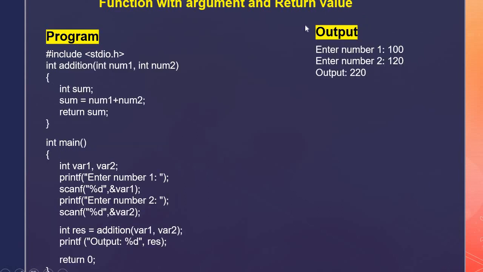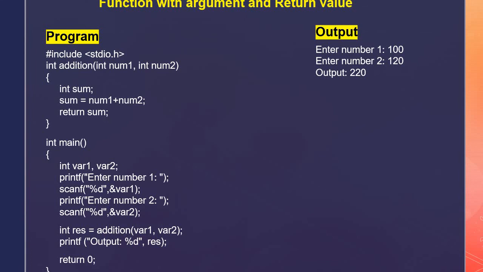The final one, function with argument and return value. In the program, I have defined the function addition with return type integer, int num1, num2. That is, this program will accept the arguments and also return the value to the calling area. So int sum is equal to, we are adding num1 and num2, and we are returning the value, return sum.